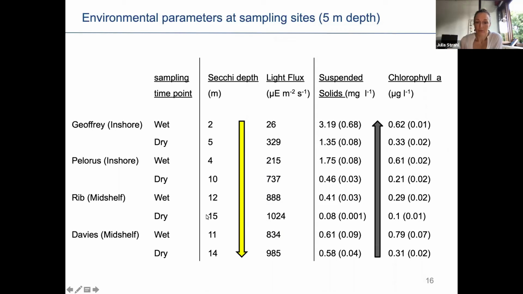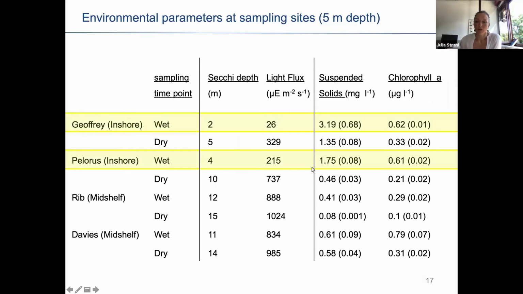So they have much more light available throughout the year. And you can also nicely see that the content of suspended solids, but also particulate nutrients like phosphorus and nitrate, which is not shown here in this graph, but it was a similar picture, they have highest contents here in the inshore reefs, as well as the chlorophyll A content was also higher when going towards the land.